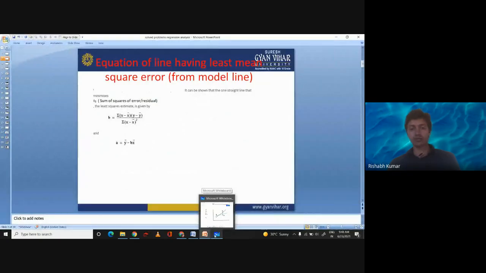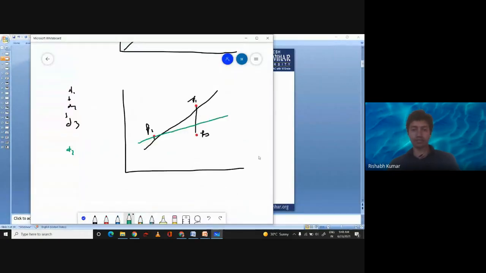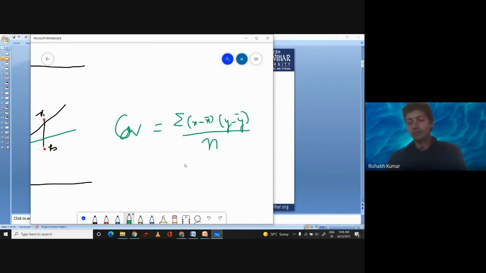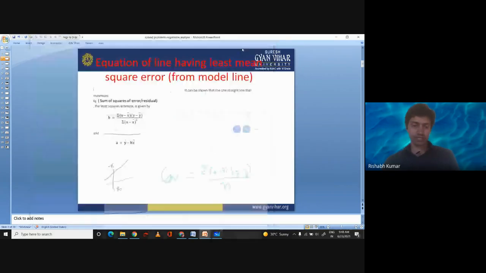What was the formula for covariance? The covariance formula was sigma of (x minus x bar)(y minus y bar) divided by n. This was the formula for covariance. This is very similar to that.